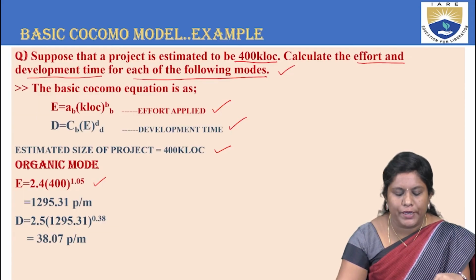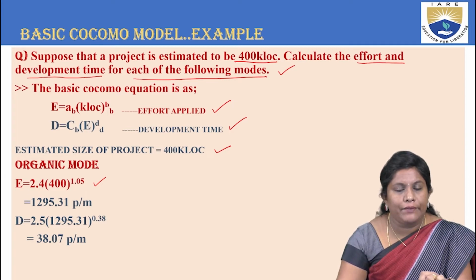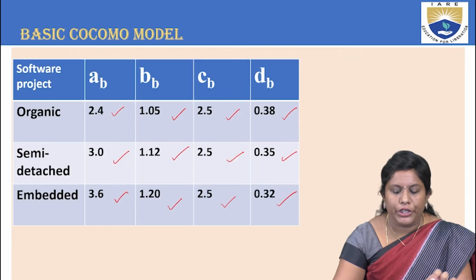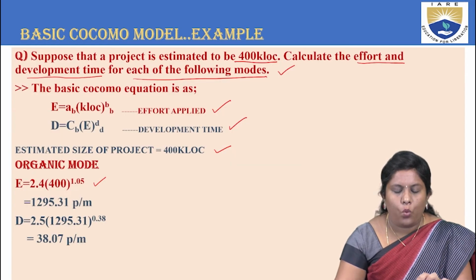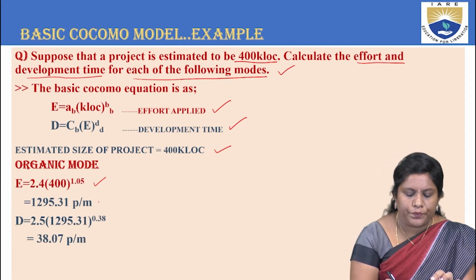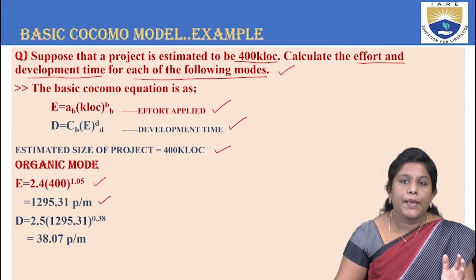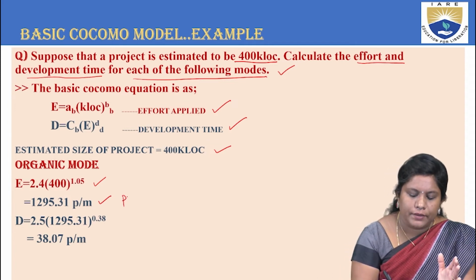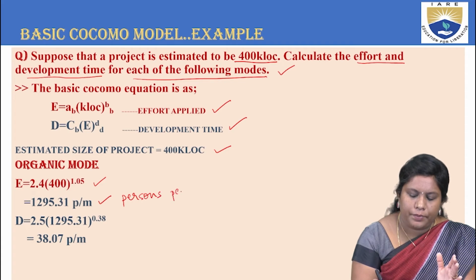So I'm substituting 2.4 here, and KLOC is already given to us in the question as 400, and BB for the organic mode is 1.05. That lands up at 1295.31 PM, that is, person-months.